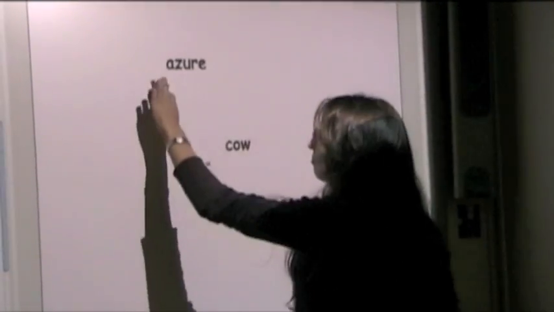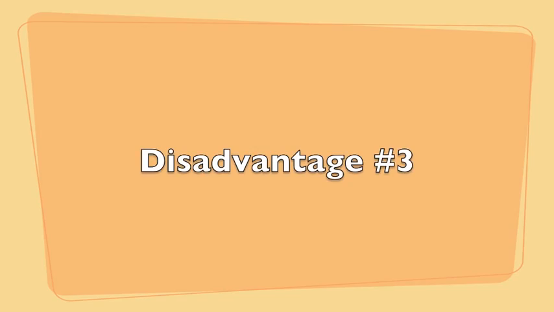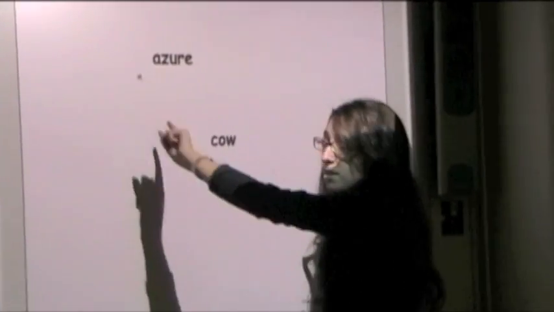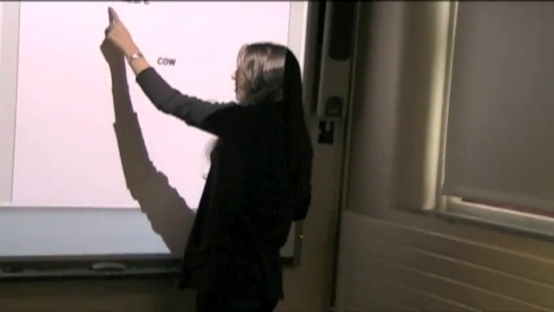And it also works on consonants and digraphs. This shows how technology can be temperamental sometimes also. So, cow.